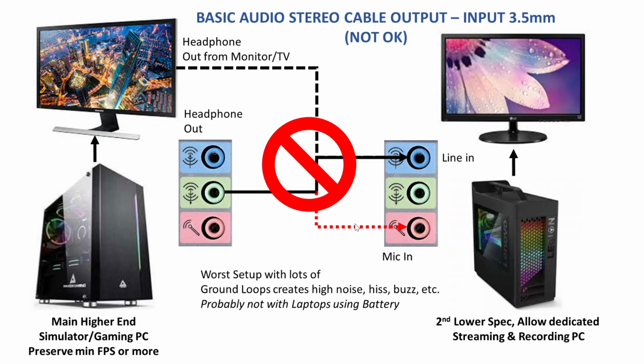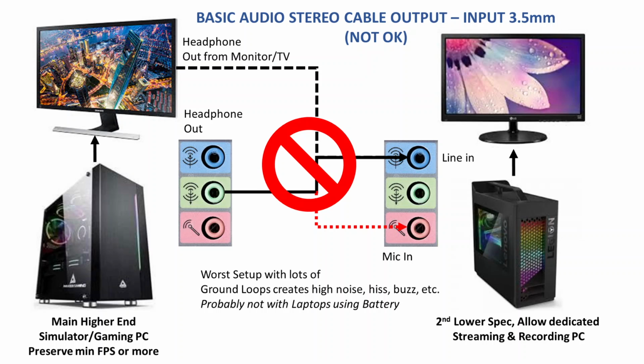Usually it's a high pitch audio, and it's very high in terms of decibels. So even if you use a noise gate or something like that, you're still going to hear it in the main recording audio.